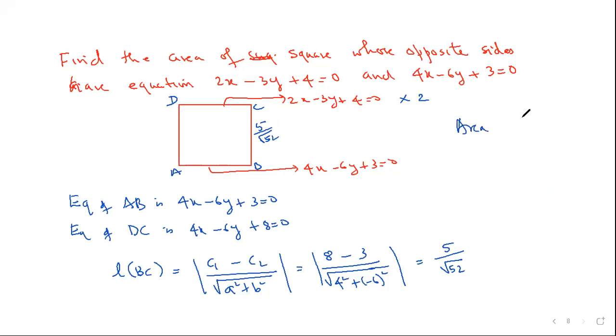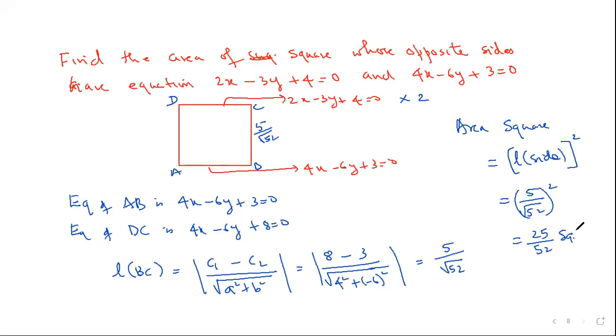Area of square is equal to the length of the side squared. That is 5 upon root 52, squared. That is 25 by 52 square units. I hope you understood.